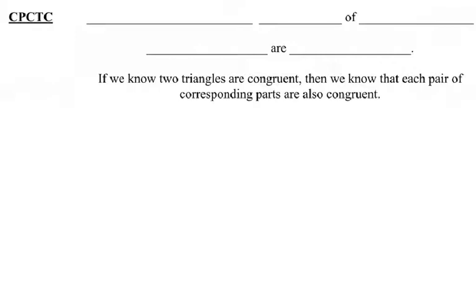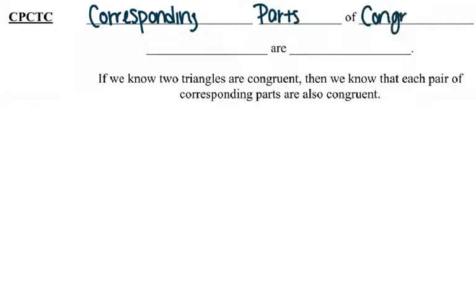Okay, we're going to spend more time on this theorem in a later lesson, but I want you to understand what it's talking about. So this is called CPCTC, and what it means is that corresponding parts of congruent triangles are congruent.